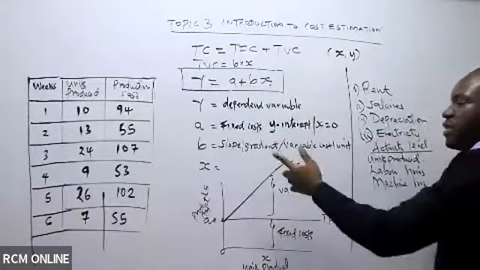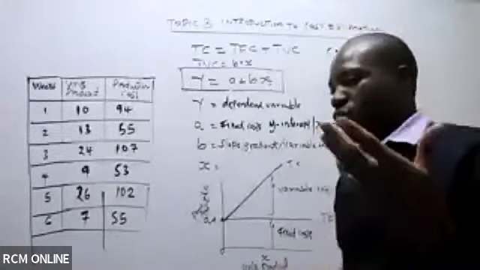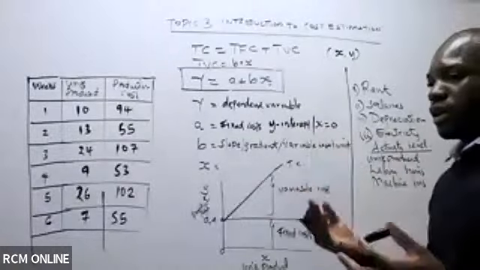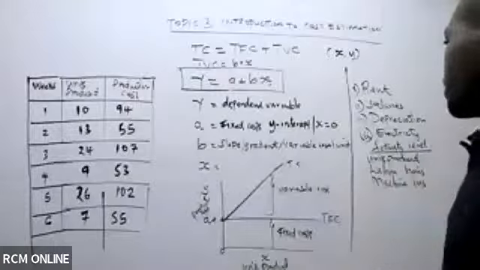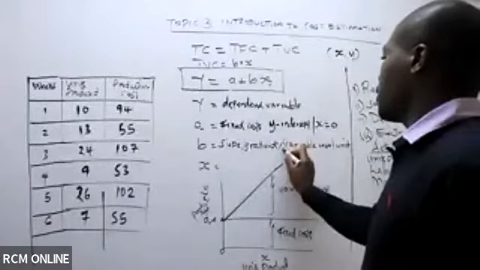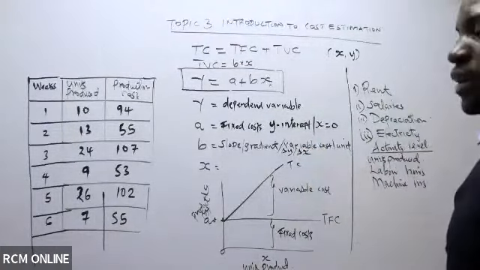Now, how do you normally get gradient? You can actually pick that concept from your mathematics knowledge or economics knowledge, right? How do you normally get slope or gradient of a curve? It is change in y over change in x. So how do you get B? It is change in y over change in x. Good.